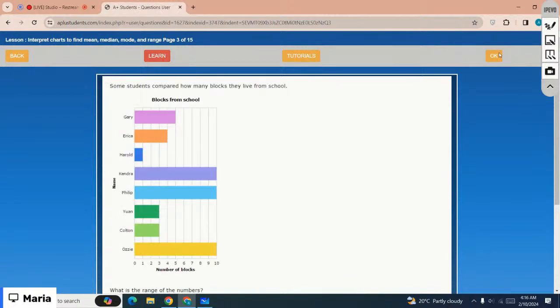If you already know the answers, you can write down the answer in the chat box. Some students compared how many blocks they live from school. What is the range of the numbers? So which is the correct option? For the range, you have to find the least number and the greatest number in the data.